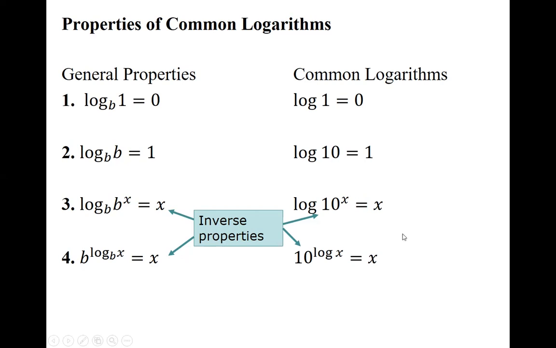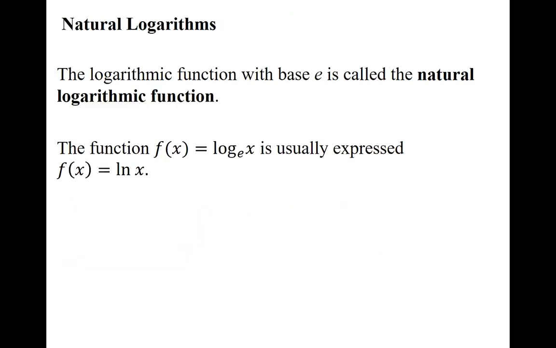Now, I said there were two special types of logs. And you probably have a button for this as well, the ln, the natural log. That one is base e. So log base e, we say natural log instead, ln of x.